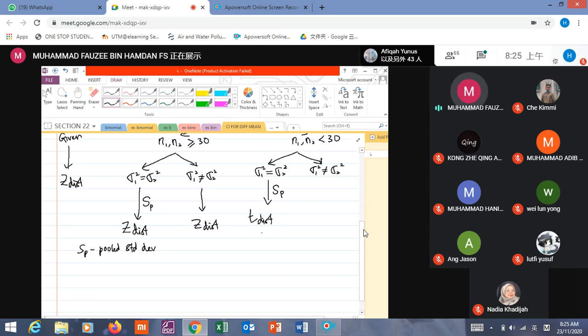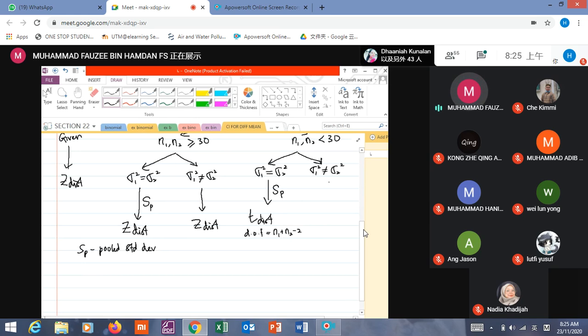If you remember yesterday, if we use the T distribution, you need to know the degrees of freedom. For this case, the degrees of freedom is equal to N1 plus N2 minus 2. This will be your degrees of freedom for this case.